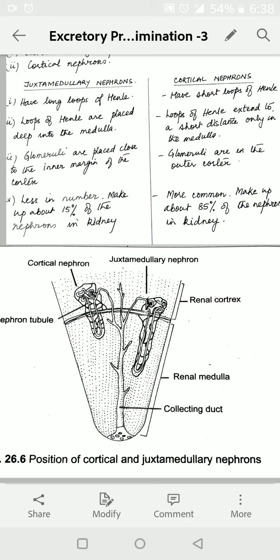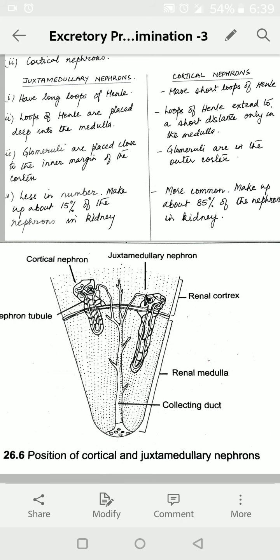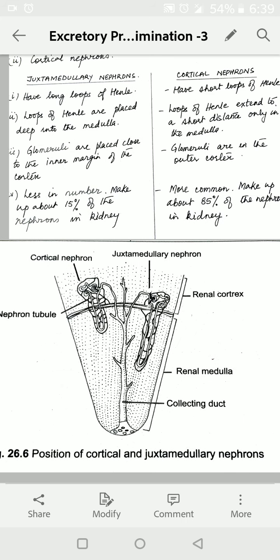The majority of nephrons are the cortical nephrons. And the placement is shown in this figure: the cortical nephrons are in the cortical region and juxtamedullary nephrons have long loops of Henle and extend into the medullary region.